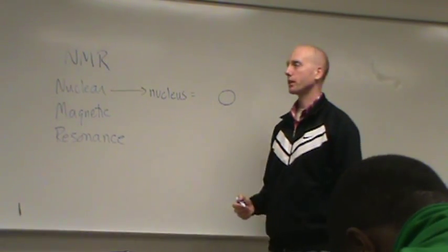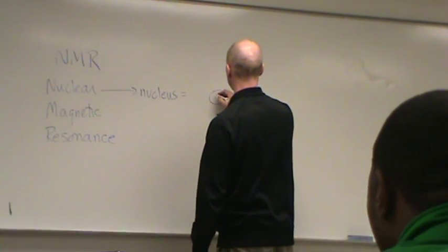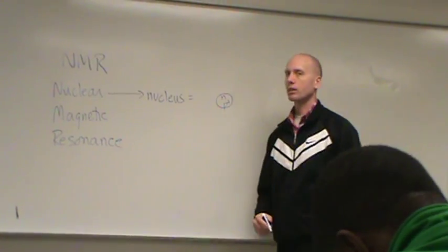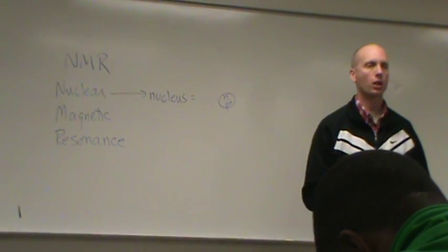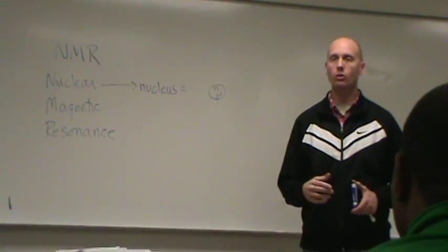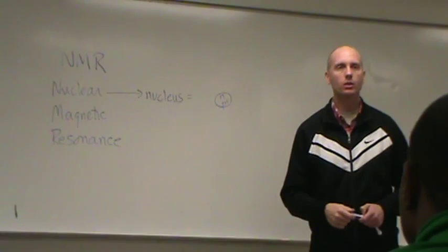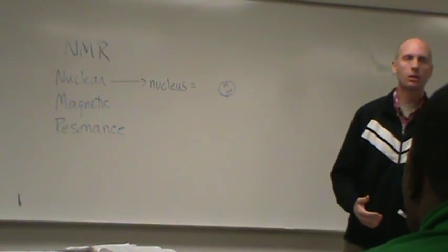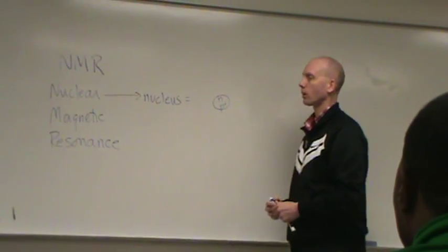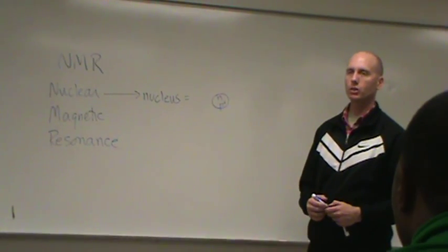Protons and neutrons. Very good. So let's draw those in here. What was the charge of the neutron? Zero, neutral, and the proton? So what's the overall charge? Positive. So the nucleus is overall positively charged.